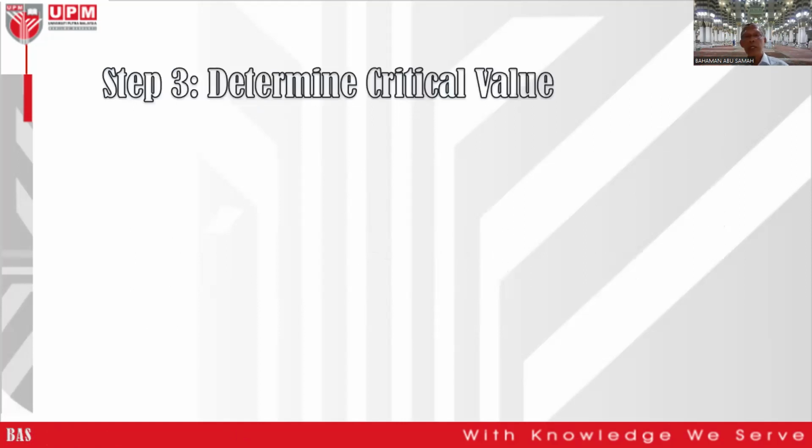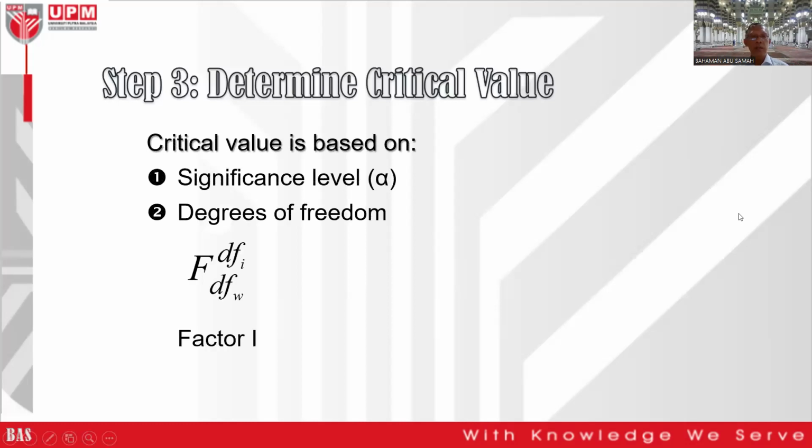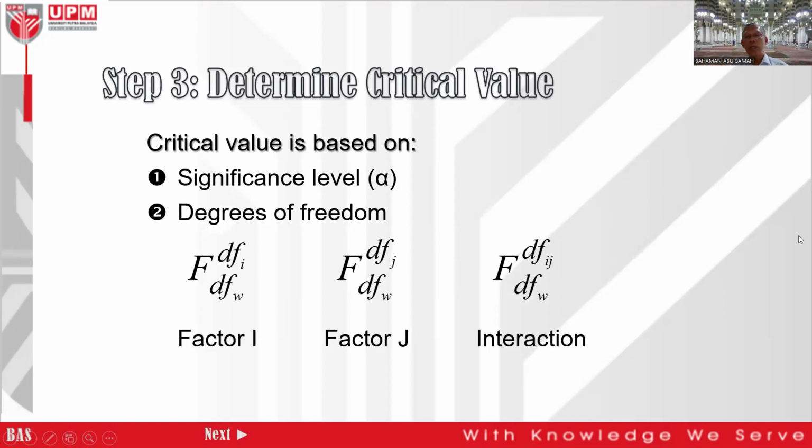Next will be to determine the critical value. In order to determine the critical value, as usual, from the F table, we need 2 degrees of freedom. For factor 1, it will be degree of freedom for I and degree of freedom for within. And for factor 2, degree of freedom for J and degree of freedom for within.